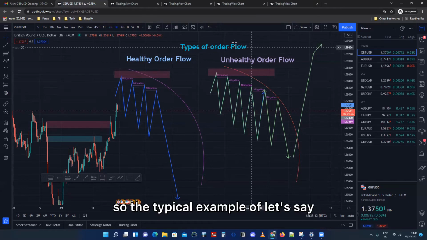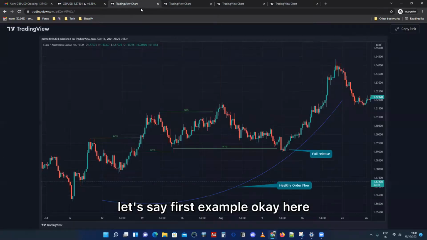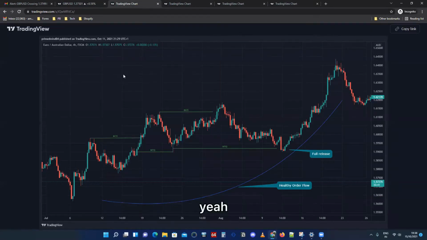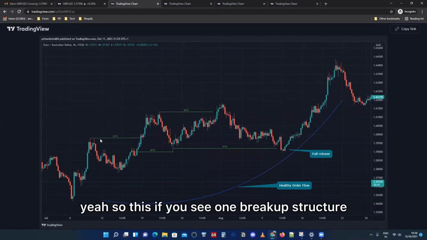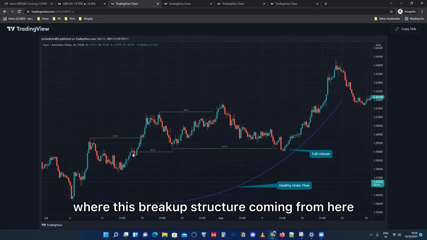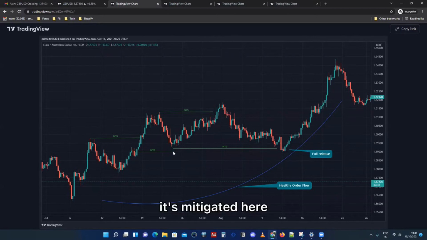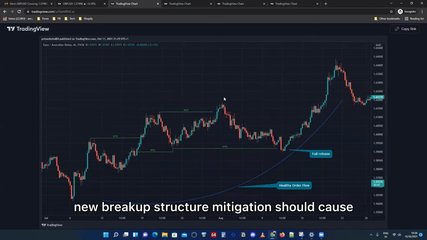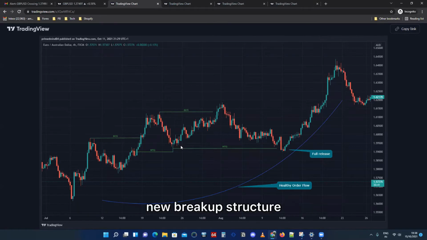The typical example, let's say the first example here. If you see one break of structure, where is the break of structure coming from? Here, this is an order block, it's mitigated here, new break of structure. Mitigation should cause a new break of structure, otherwise it's not mitigation, so keep that in mind.